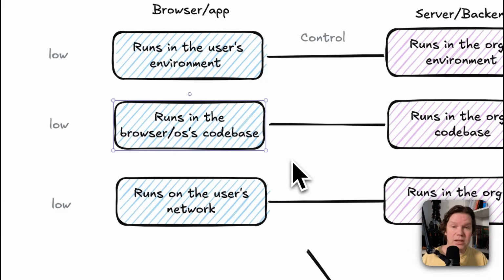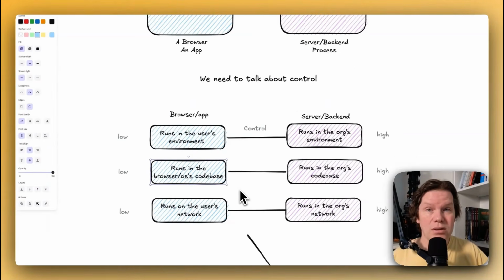Then, obviously, on the client side the whole thing runs in the browser and the operating system code base. A browser is an application. It has its own code. It determines how JavaScript code gets executed when it runs within the browser. So yes, we can understand by documentation, we can understand by analyzing their code, or we can understand by doing a lot of reverse engineering. And trust me, I did a lot of reverse engineering in my career to understand how things are actually sent off.